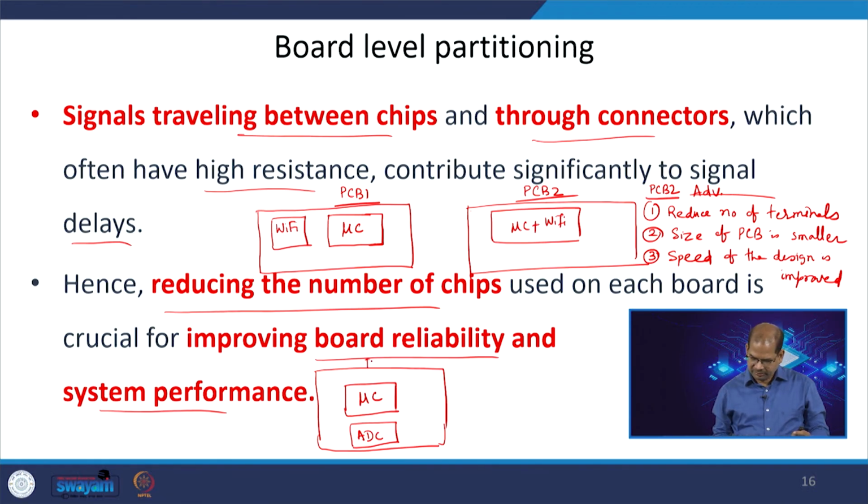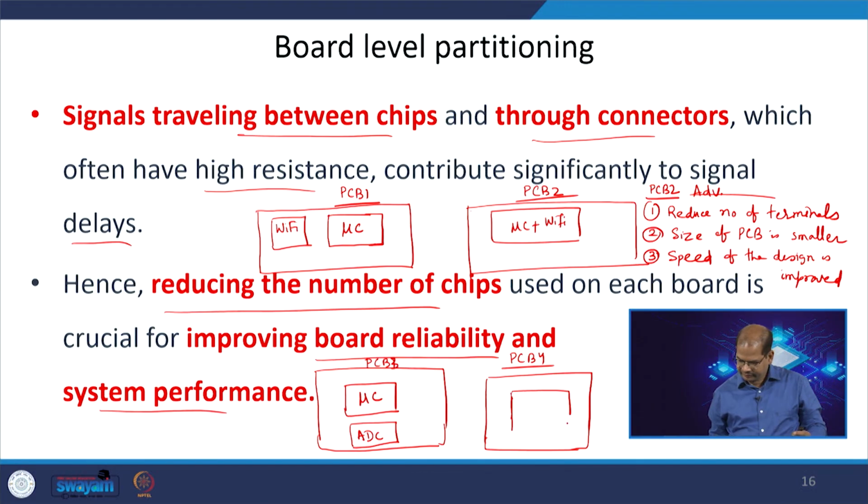This is PCB 3, because I have already used PCB 2. In PCB 4, I have a microcontroller plus ADC. So, it depends upon your application. In some cases PCB 3 is better, in some cases PCB 4 is better.